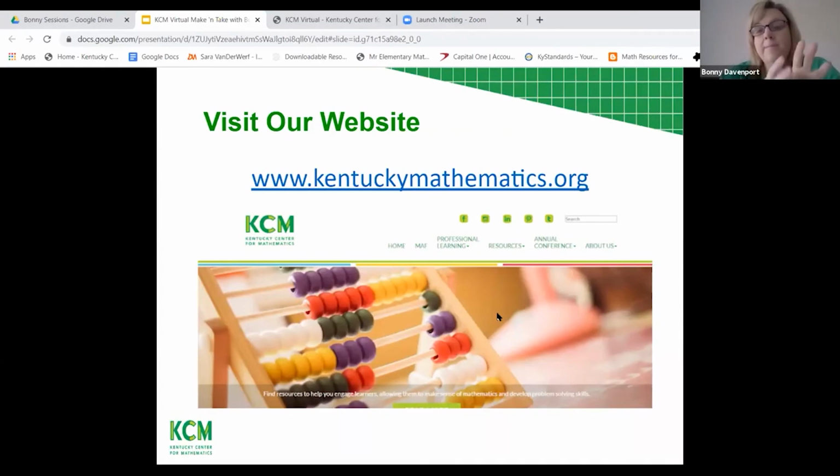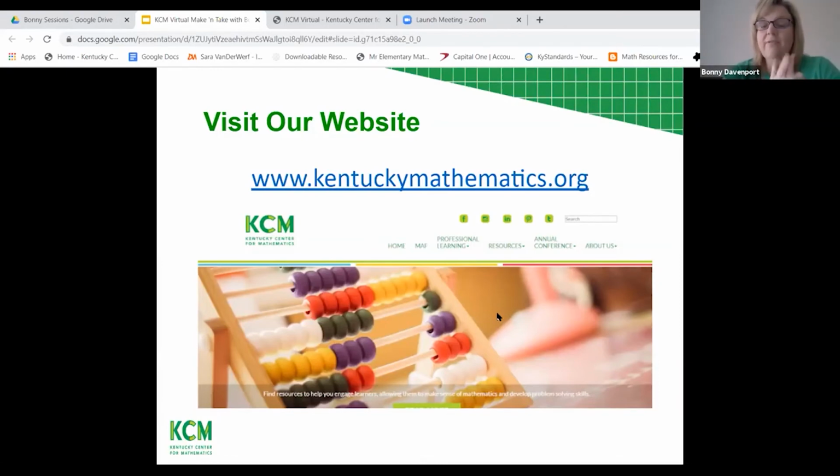We have information for parents, we have information for teachers. If you want to use a math book, a literature book in your teaching, we have all kinds of examples of how to use literature when you are teaching math. And then of course, when it comes time for our annual conference, you can see that information there.